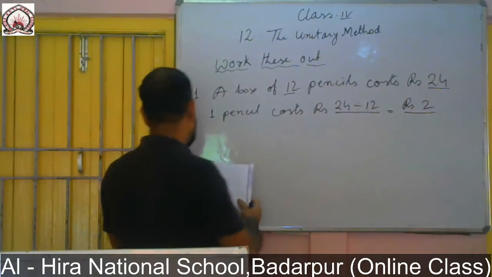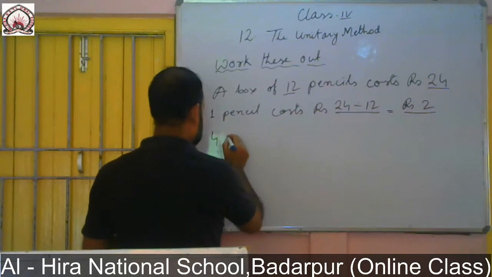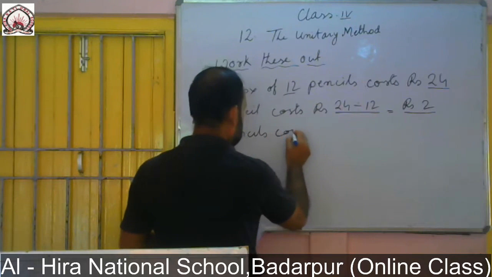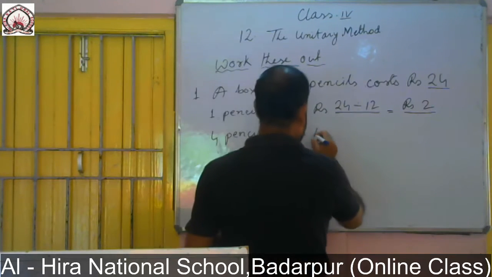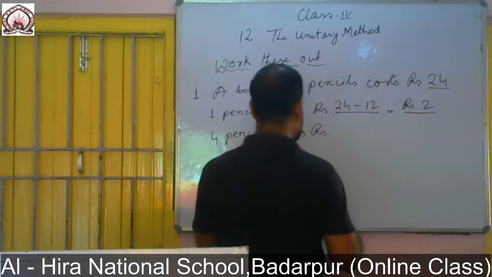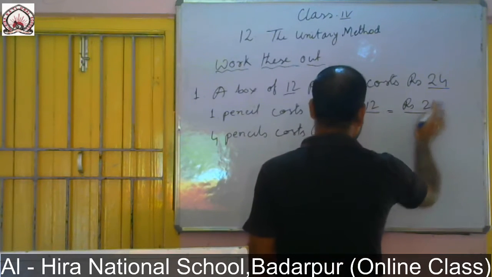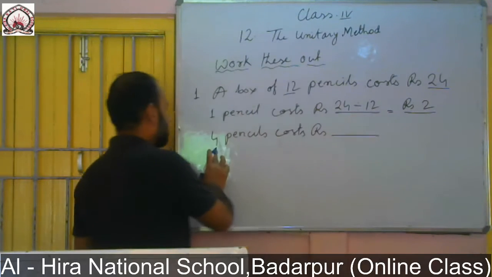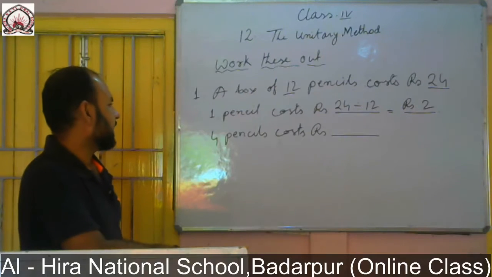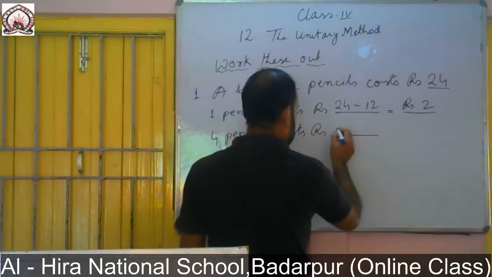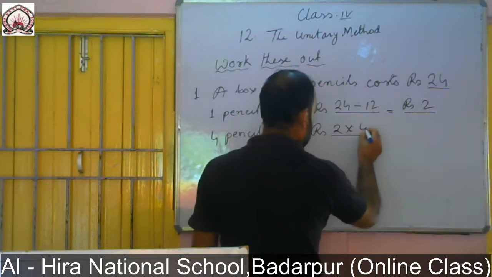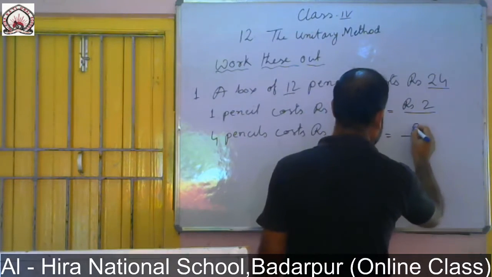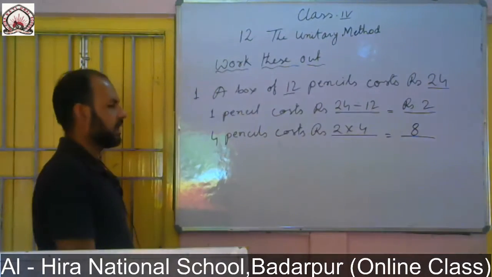Now 4 pencils cost rupees dash. If 1 pencil costs rupees 2, then to find the cost of 4 pencils, 2 into 4, rupees 2 into 4 equal to 8. 4 twos are 8.